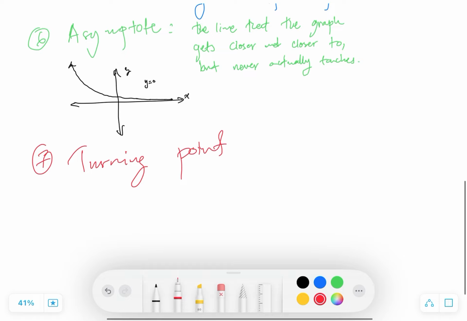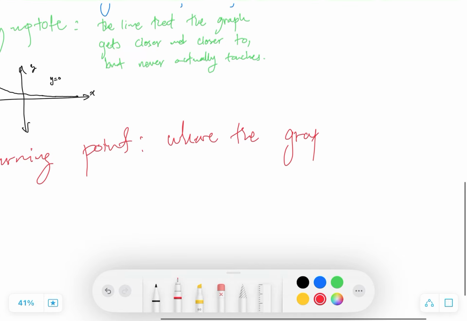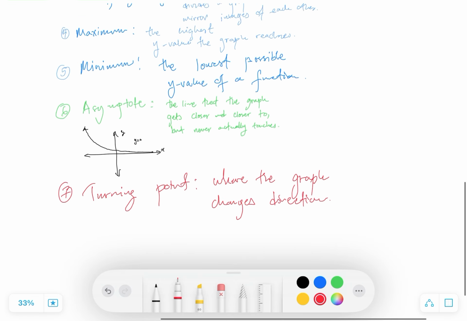So this is basically where the graph changes direction. My handwriting is bad.